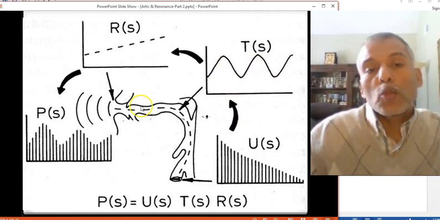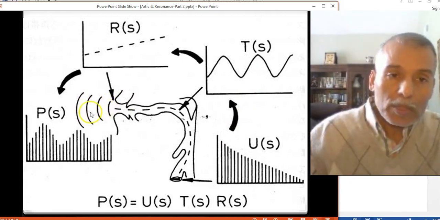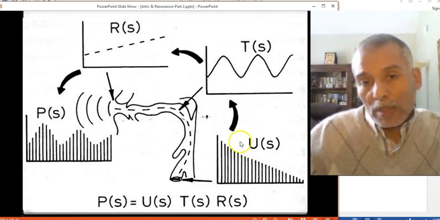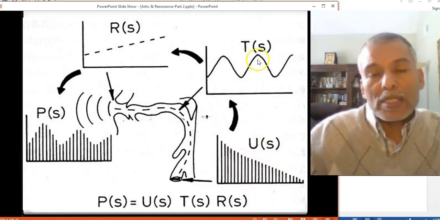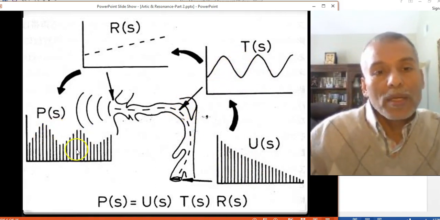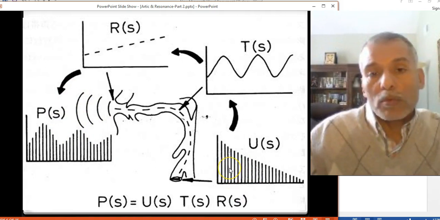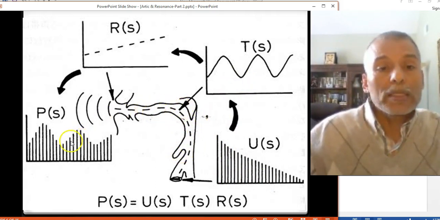And the sound that comes out of the lips is actually, you combine this sound with all the other sounds produced in the vocal tract together, and this is what you hear. So all of the speech at the lips is a combination of the fundamental frequency of the vocal folds and the harmonic frequencies of the vocal folds, combining them with the resonant frequencies of the vocal tract.